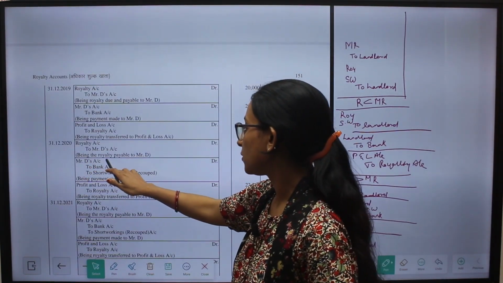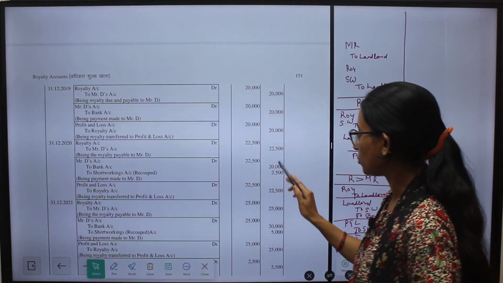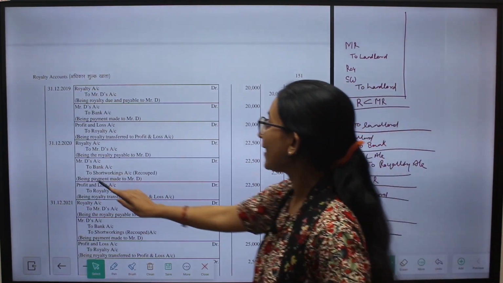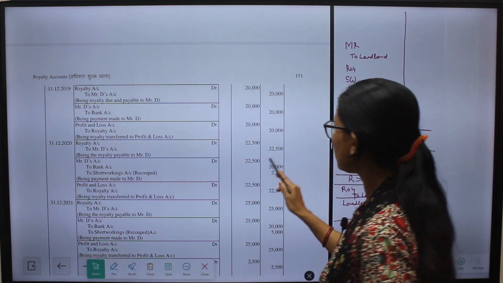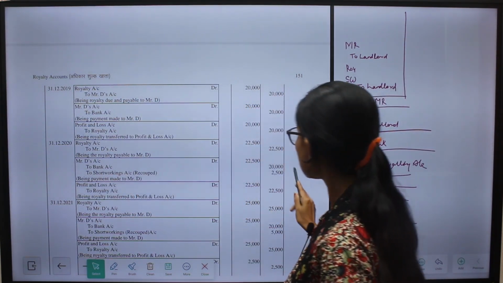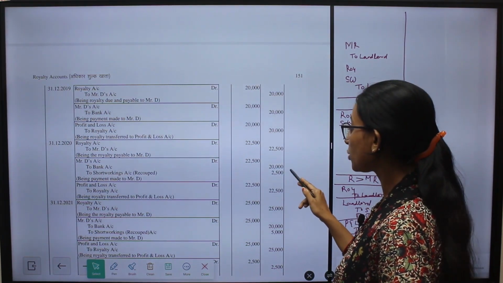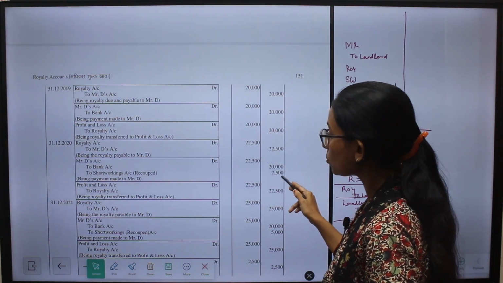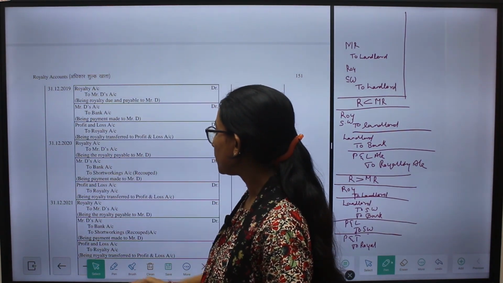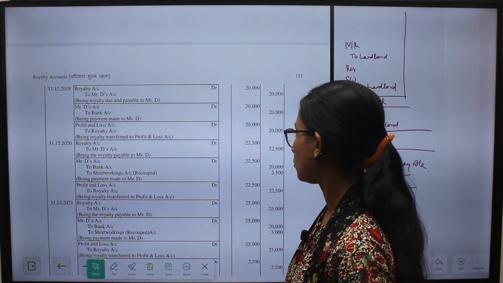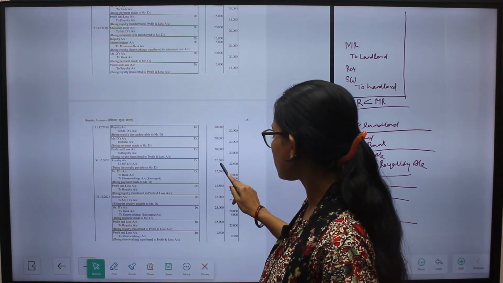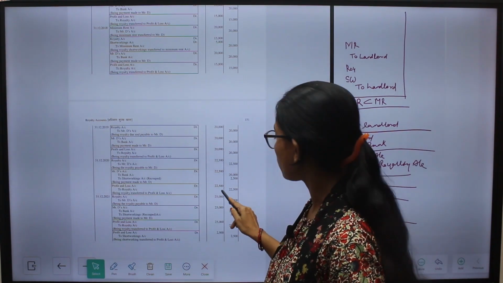Mr. D account debit with the royalty amount, 22,500, to bank account, this is the minimum rent amount, and to short working account, this is the surplus we are recouping, that is 2,500. After this, we will transfer the royalty into the profit and loss account. Profit and loss account debit with rupees 2,500 to royalty 22,500.